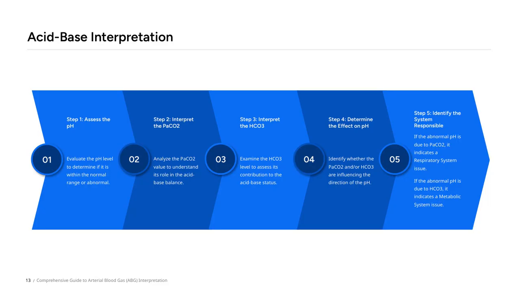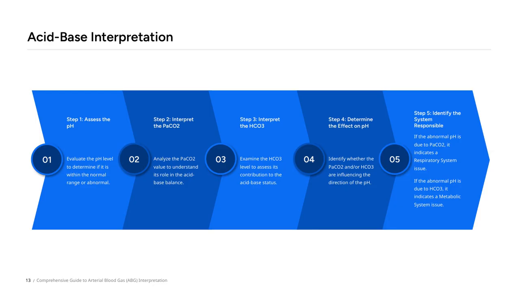Now let's move on to step 1. Assessing the pH here, we're simply checking if the pH is within the normal range, which is typically between 7.35 and 7.45. If it's outside this range, we know there's an acid-base disturbance that needs further evaluation. Next, in step 2, we analyze the PaCO2 value. This tells us about the respiratory component.